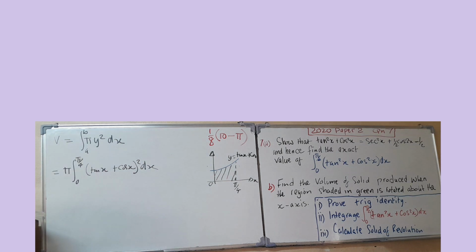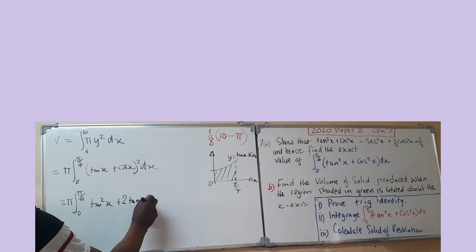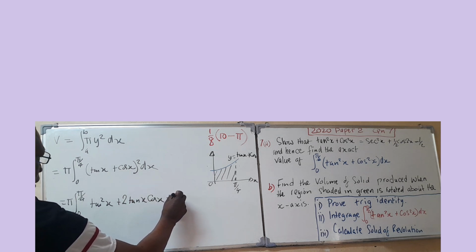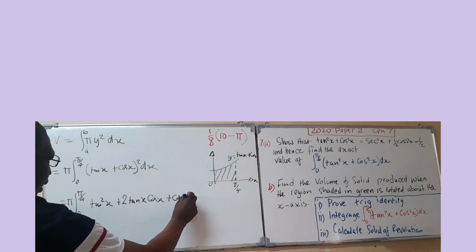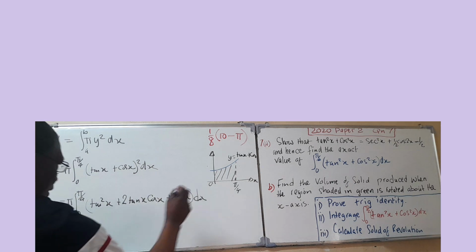Let's square this. This becomes pi integral from 0 up to pi over 4 of tan squared x plus 2 tan of x cos of x plus cos squared x with respect to x.